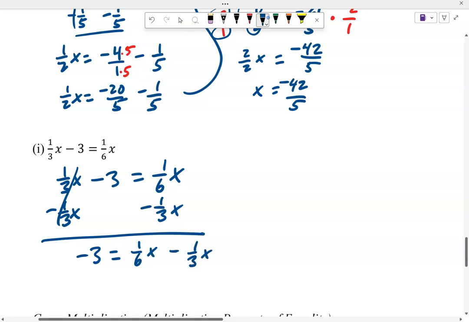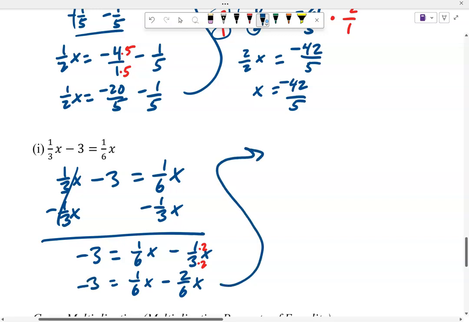What is 1/6 minus 1/3? Well, I've got to get a common denominator. What is 1/6 minus 2/6? 1 minus 2 is negative 1/6. So I have negative 1/6 x.